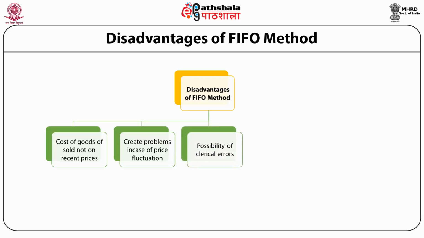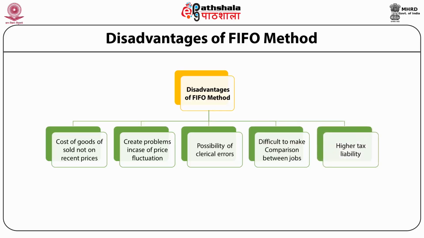There is a possibility of clerical errors in this method. It is difficult to make comparisons between different jobs when this method is adopted, and it results in higher tax liabilities. When this method is adopted, business faces higher tax liabilities. So these are the limitations of this method which are faced by an organization.